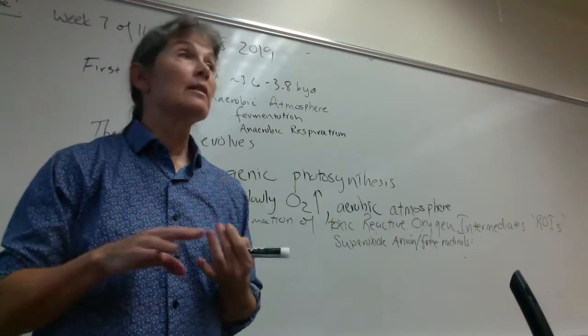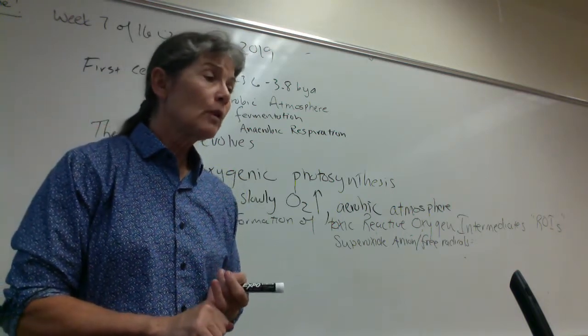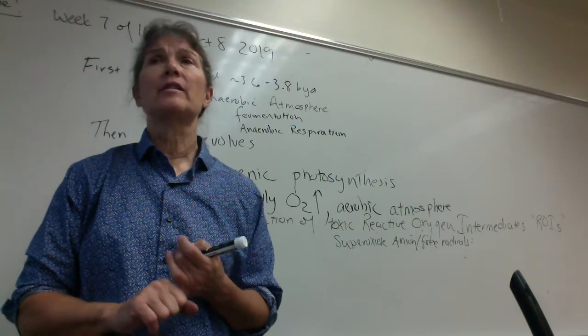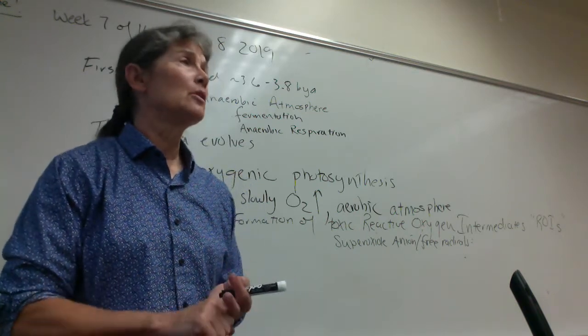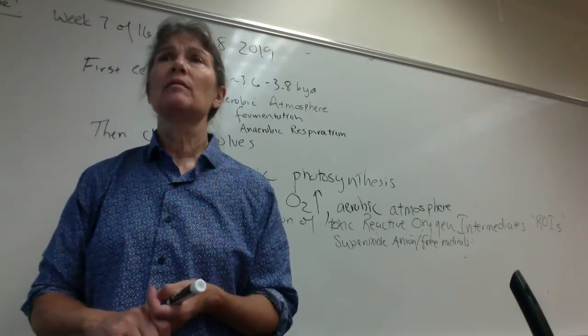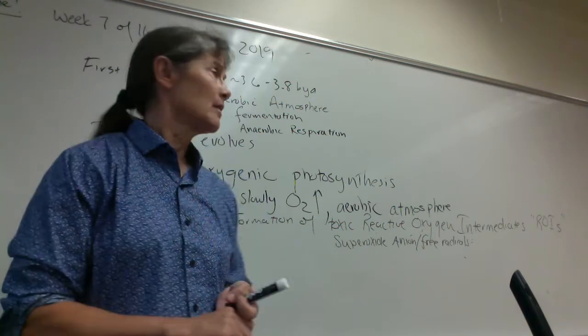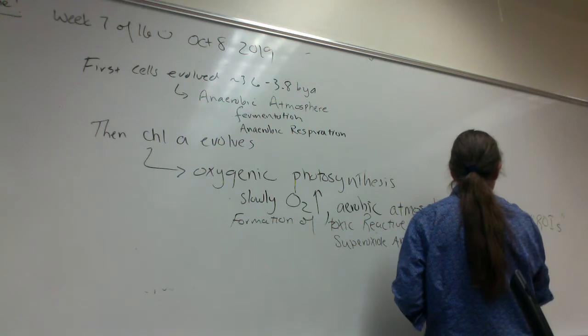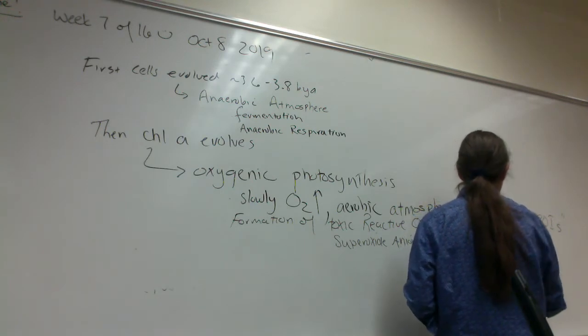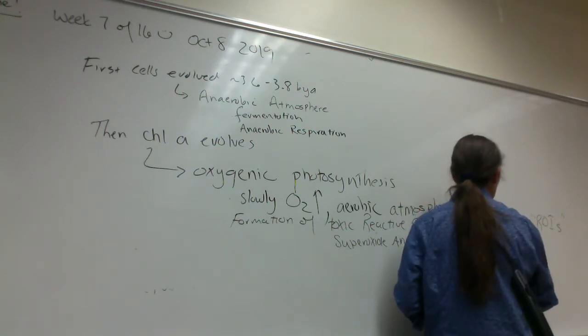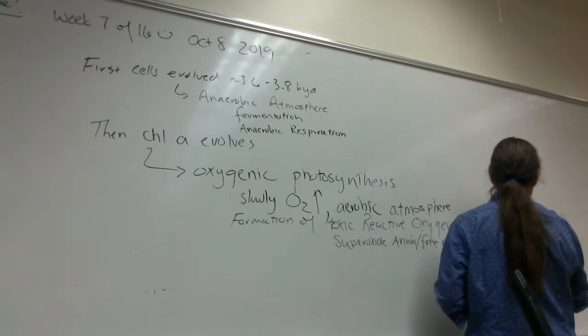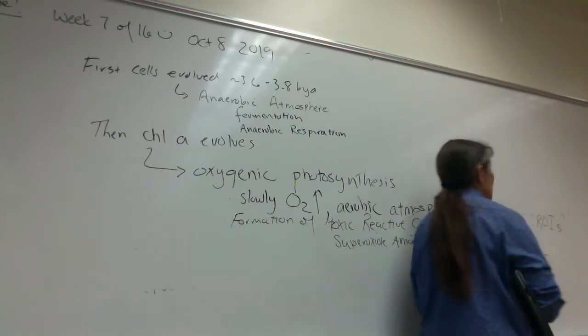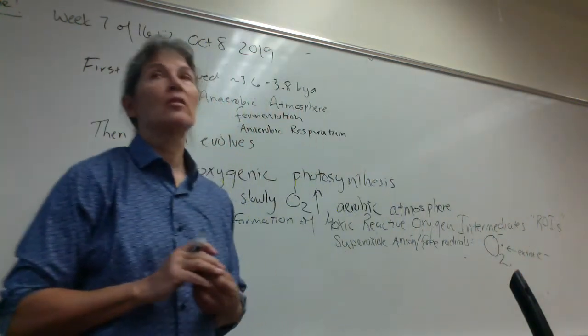The reason is that these free radicals cause all kinds of damage to cell membranes, to proteins, to DNA and RNA. Nasty things. And the superoxide anion, folks, is a molecule of molecular oxygen with an extra electron, and it carries a net negative charge. So damaging.